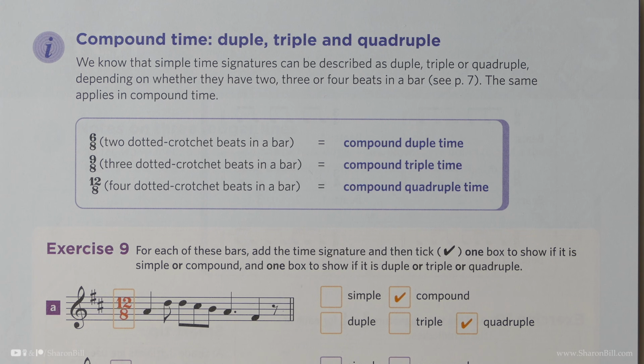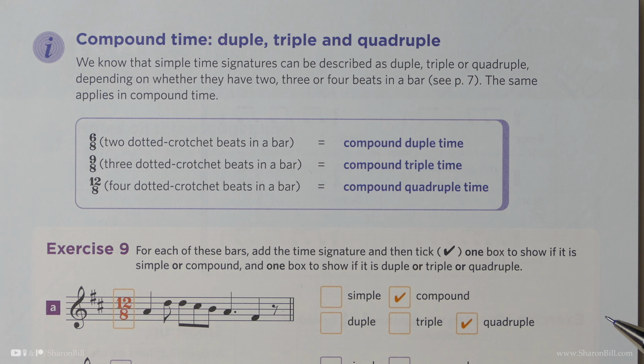And I know that I always repeat myself here. However, it really is true that you will learn better by making those mistakes rather than just by passively copying through. So do jump in and have a go and see if you can figure out if these are compound or simple time, and then how many groups or how many beats there are.